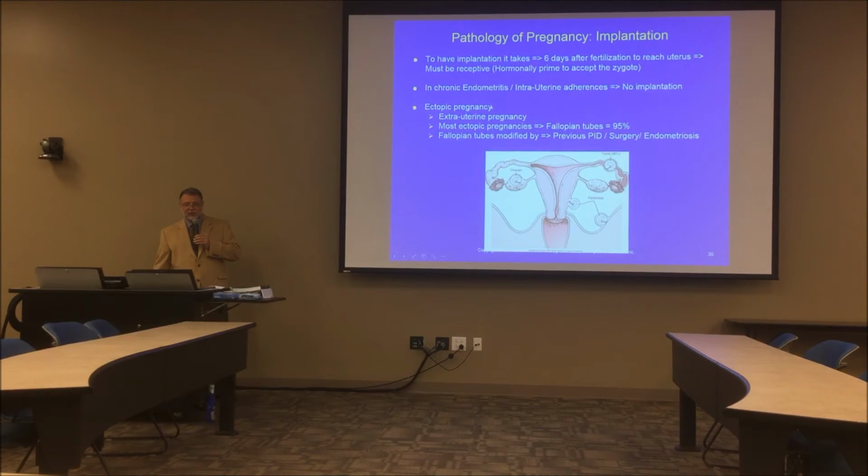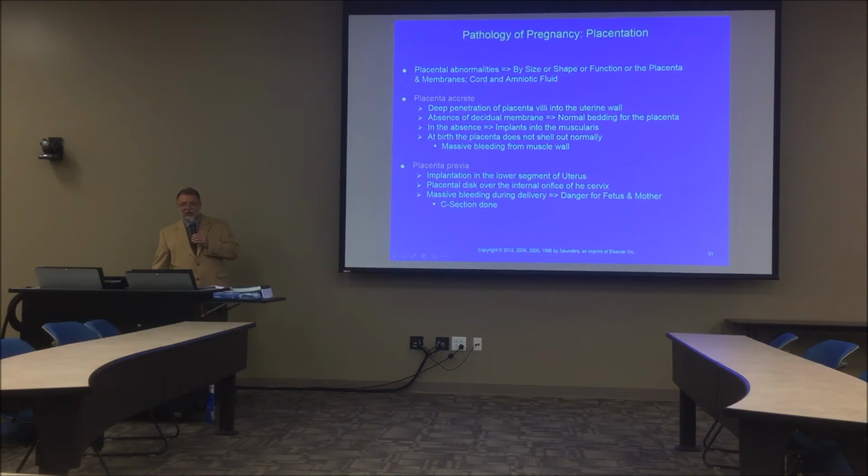If for some reason something happens and there's an ectopic pregnancy, it's just that the fertilization was outside and somewhere around this area or this area, not inside the uterus. But interestingly, of this type of ectopic pregnancy, 95% happens within the fallopian tubes.